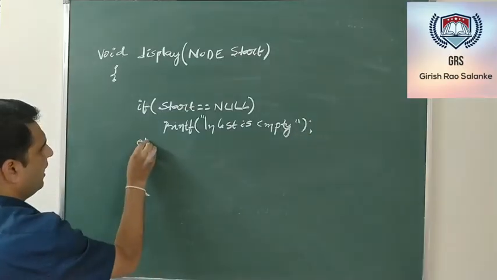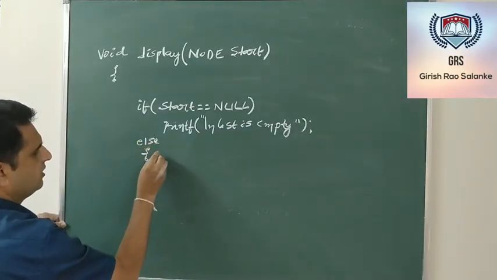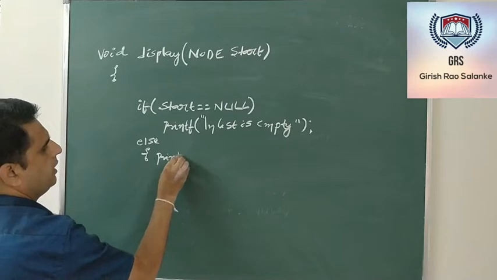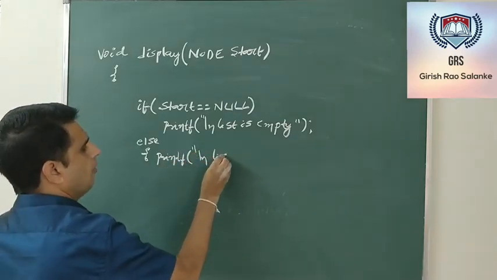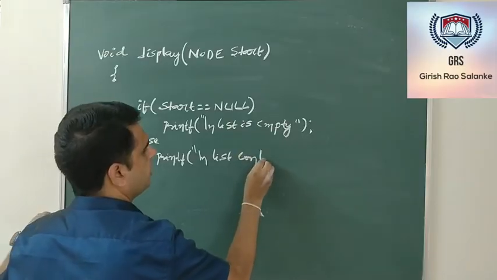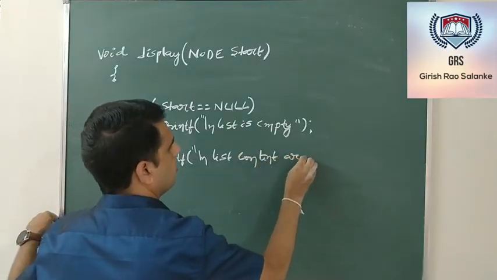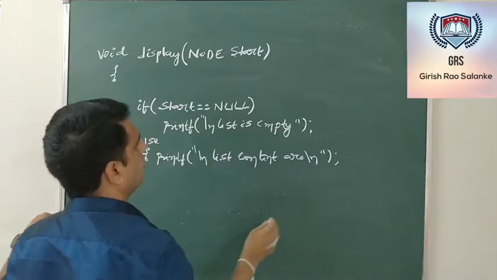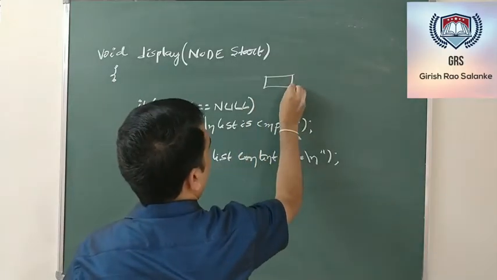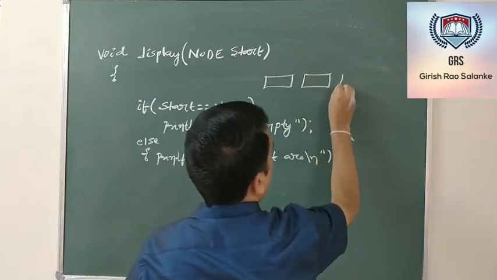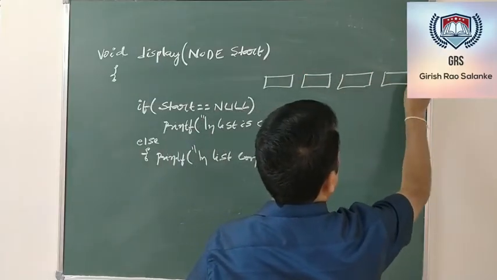If start is there, then list is there. Printf list contents are. Now what am I supposed to do? Let me take a scenario wherein there is a single linked list with some 4 nodes.